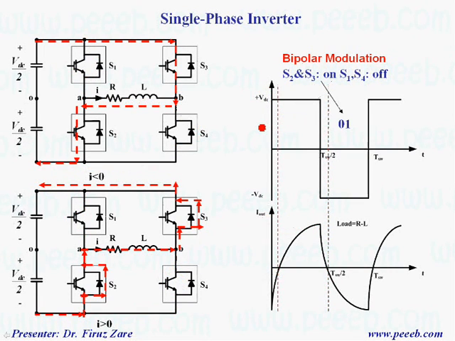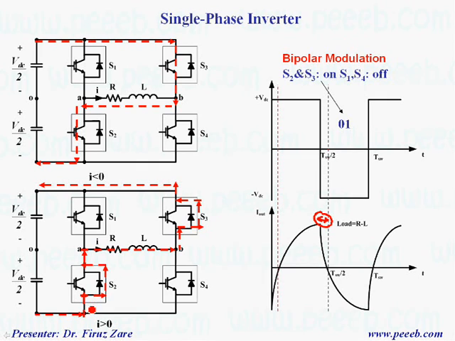When the output voltage becomes negative, we have two sub periods here. For example, this short period when the current is positive while the output voltage is negative. Because the output voltage is negative and current is positive, this is the circuit diagram and this is the current loop.